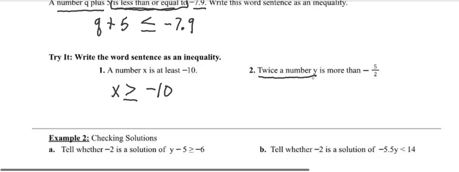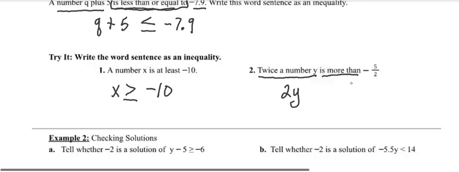So how would I write twice a number y? Y times 2, or normally we write 2y. 2 times y. Twice a number y, and then we have this middle part, "is more than."